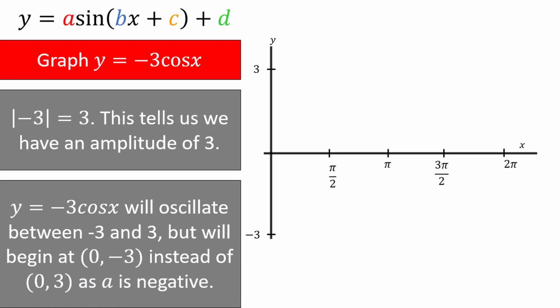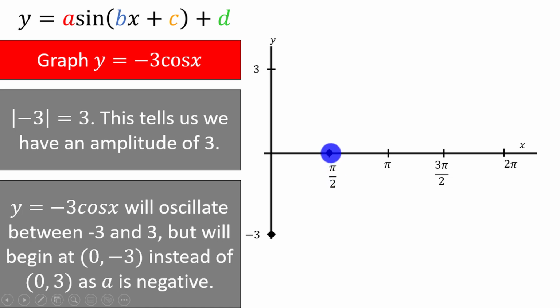Let's draw the graph. We already stated that we are going to start at 0, -3, so let's put that point on the graph. Typically, cosine would start at a maximum and then decrease from there, but since we have a negative cosine function, we will start at a minimum and increase from there. We always have key points at increments of pi/2, so the next key point is going to be at pi/2, 0.